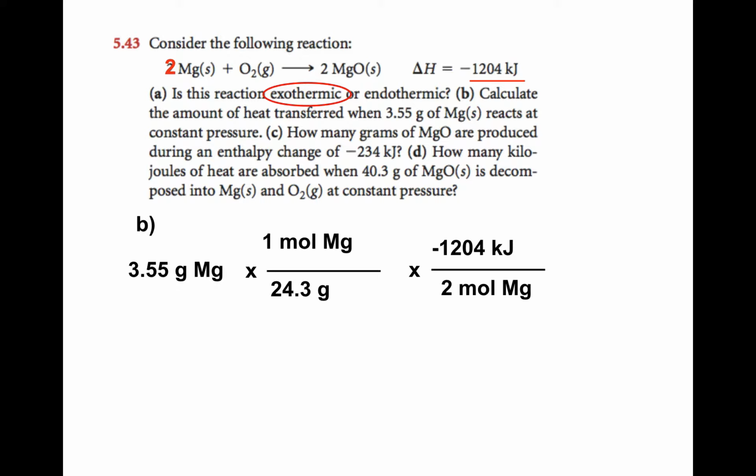For every 2 moles being burned up, that's the amount of heat released. So I can multiply across, grams cancel, moles of magnesium cancel, and I'm left with kilojoules being released. I didn't have 2 moles, so I'm going to release less than that amount of heat. 2 moles would have released 1,204 kilojoules. 3.55 grams isn't 2 moles.